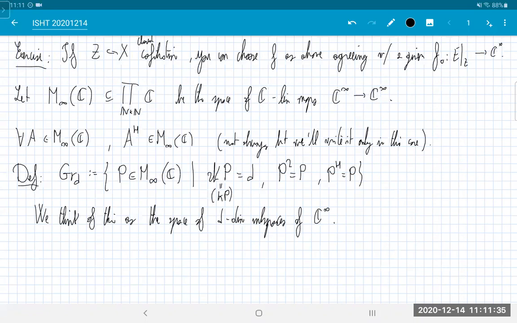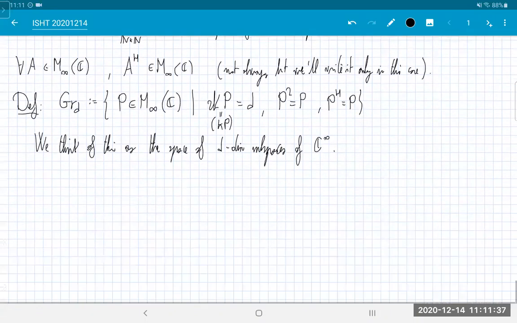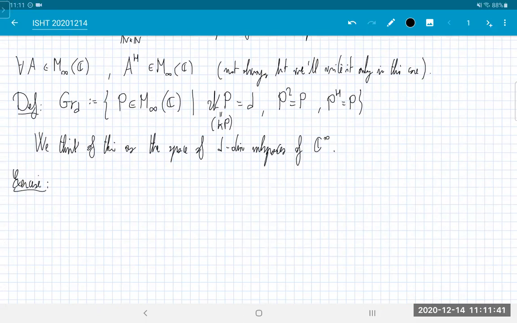And I'm going to give you an exercise to understand a little bit how this works. So let V in Gr_d, I mean a d-dimensional subspace of C infinity.